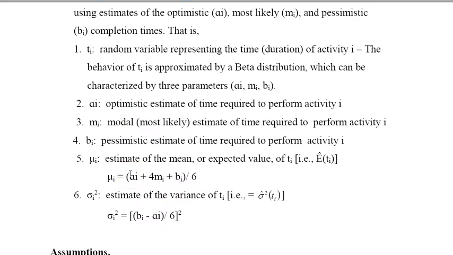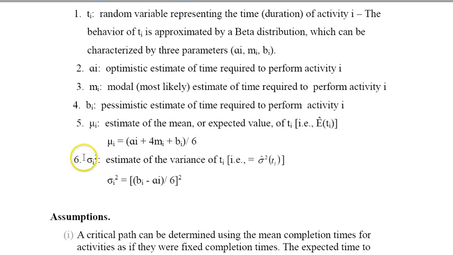From these 3 quantities, we estimate the duration of each activity, the expected value of Ti, which is given by this formula, AI plus 4MI plus BI over 6. And the variance for each activity is BI minus AI over 6, and you square that.